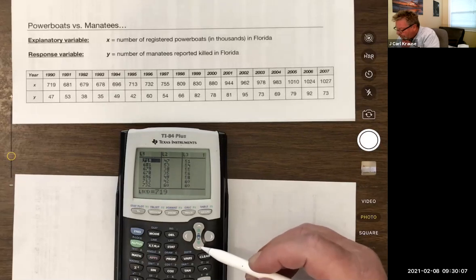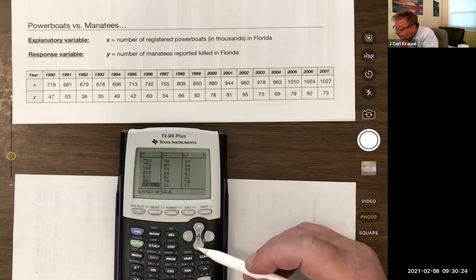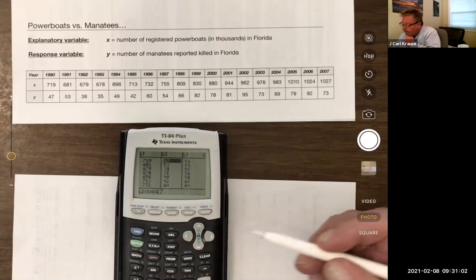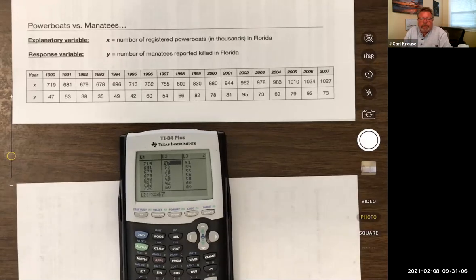And I'm just going to very quickly double check, make sure the numbers are all legit. Okay, and here's a little tip, a little bit of advice.